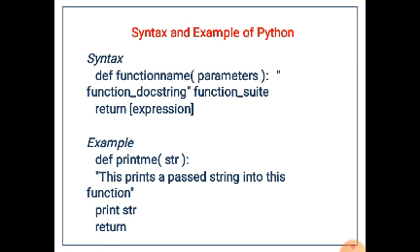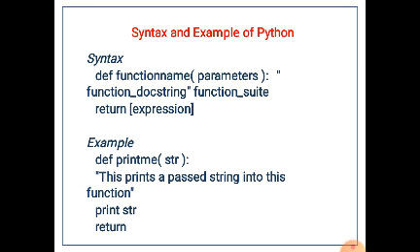Now you can see the syntax of a function here and the example of declaring a function here. You just observe the example. There you see the word def, then print me is the name of the function, str is the parameter or argument.